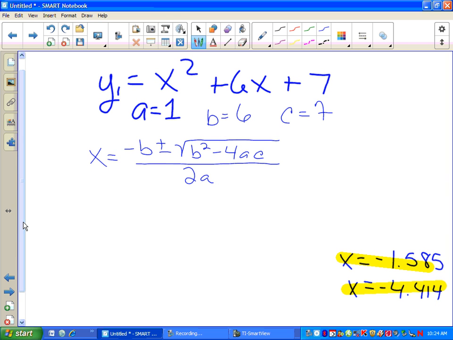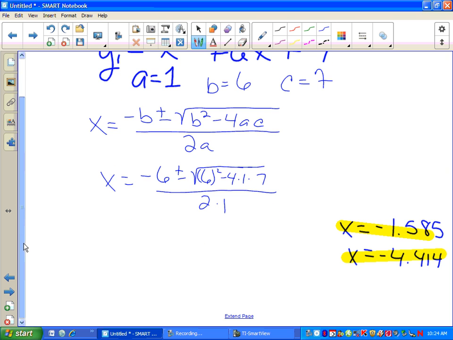Okay, here we go. X equals negative b. So we have a negative 6 plus or minus the square root of 6, put it in parentheses, square it, minus 4 times a, which is 1, times c, which is 7, all over 2 times a, which was 1. Okay, so x equals negative 6 plus or minus the square root.